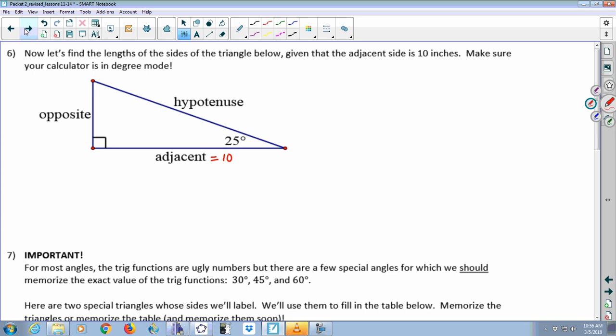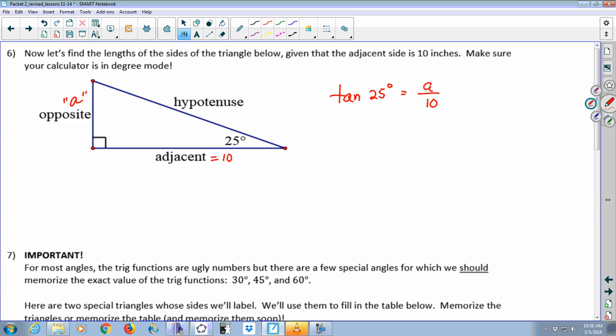So we write this. The tangent of 25 degrees is equal to the opposite side, let's call that A, over the adjacent side, which we happen to know. Right? So this is an easy equation to solve because I have only one unknown and everything else is there. I just solve this for A. What do I do to solve for A?